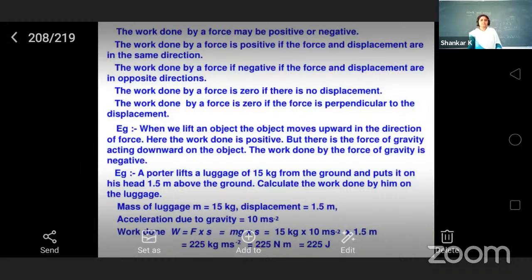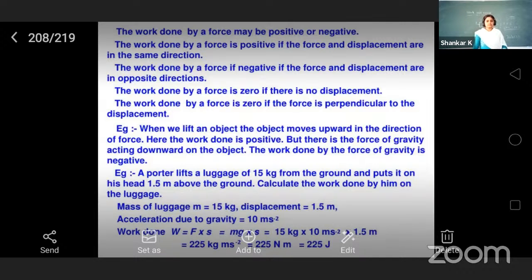You all know that acceleration due to gravity is 10 meter per second square. Here we have to find work done, which is force into displacement. Force is equal to m a, here gravitation means g, so force is equal to mg.